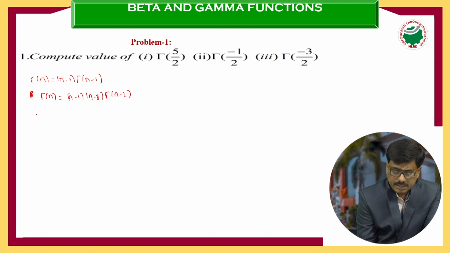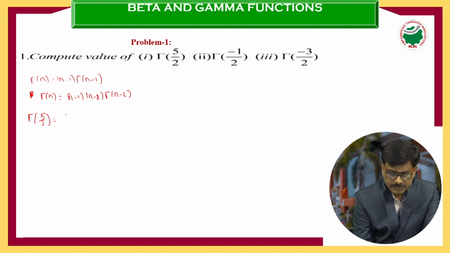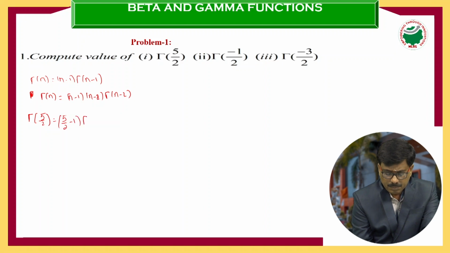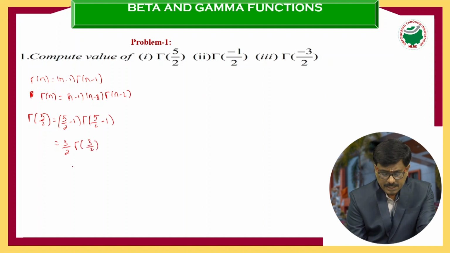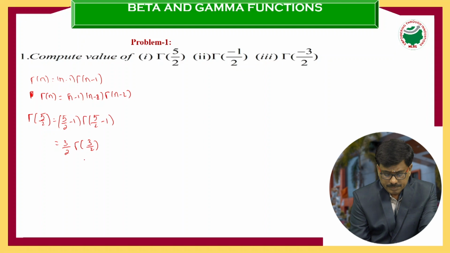Let us take, we need to compute the value of gamma of 5 by 2. How do you write gamma of 5 by 2? 5 by 2 minus 1 into gamma of 5 by 2 minus 1. If I simplify this result, this becomes 3 by 2 into gamma of 3 by 2. Similarly, I need to calculate gamma of 3 by 2.